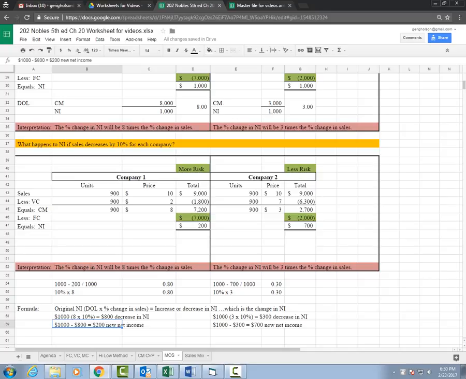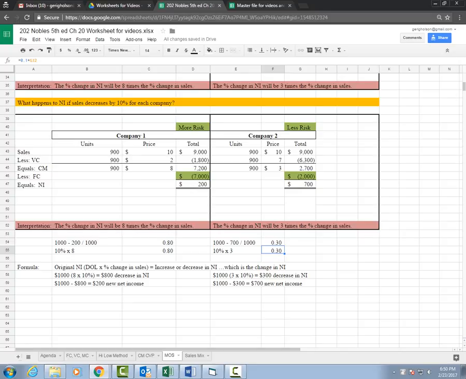Alright, so let's look at company 2. The percent change in net income: old net income minus new, 1,000 minus 700 is 300, divided by 1,000 is 30%. What is the 10% decrease in sales times the degree of operating leverage? That's our 30%.